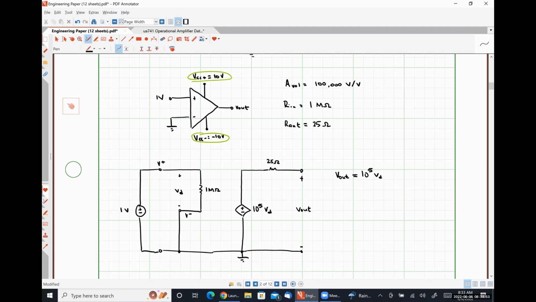I say that because my 25 ohm resistor isn't part of a closed current carrying loop, which means the voltage drop over the 25 ohm resistor must be 0, and therefore V out is simply the voltage being provided by my dependent voltage source, okay? So I'd like to ask you guys what our differential voltage VD is in this case.